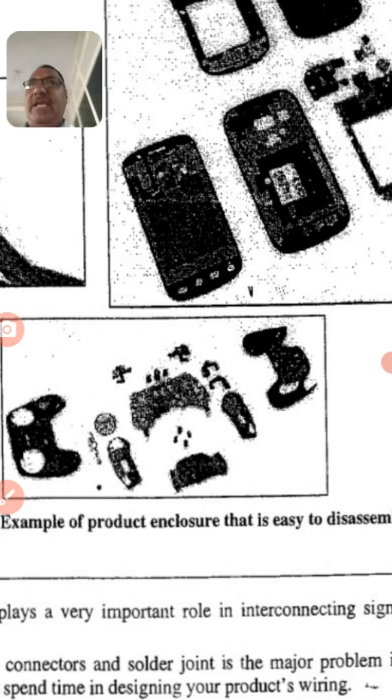For assembly, the assembler will expect that there should be a minimum number of components, and they should have their own grooves and other parts which will fix and interconnect these individual components. So the assembler will expect fewer components, and every component should be interconnected easily and at a faster pace.